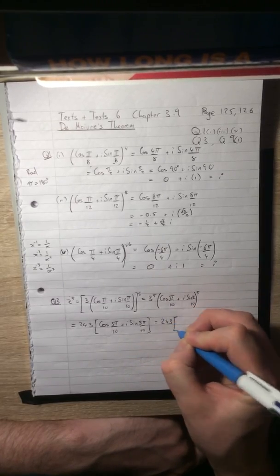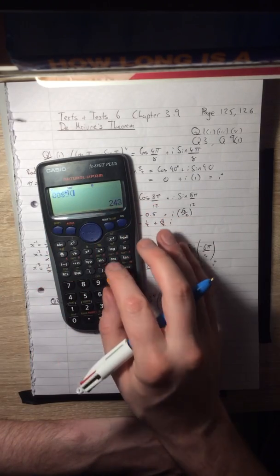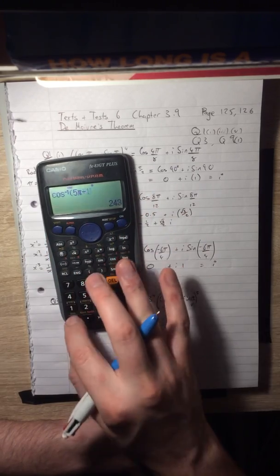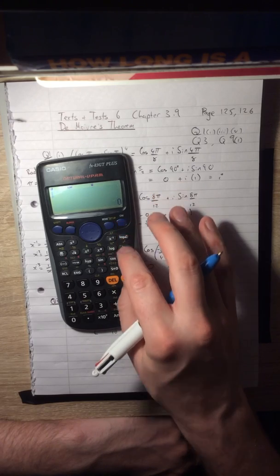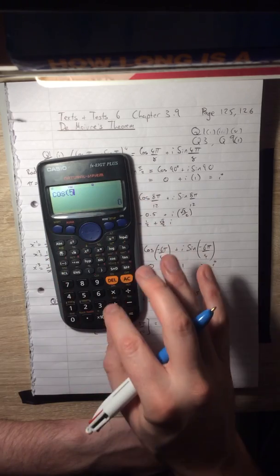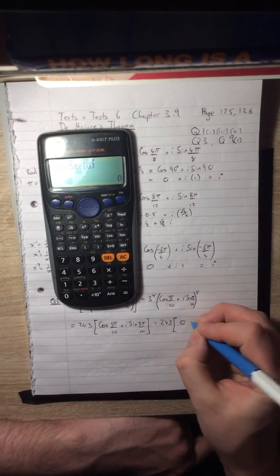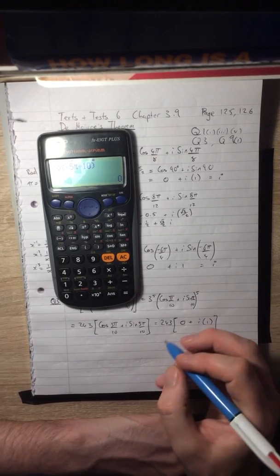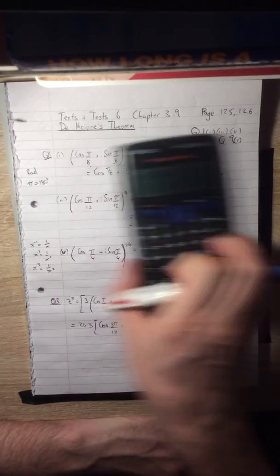So cos of 5 pi over 10, which is pi over 2, which is cos 90, is going to be 0. And sine of 5 pi over 10, you can do it yourself in your calculator, is 1. So the answer there is going to be 243i.